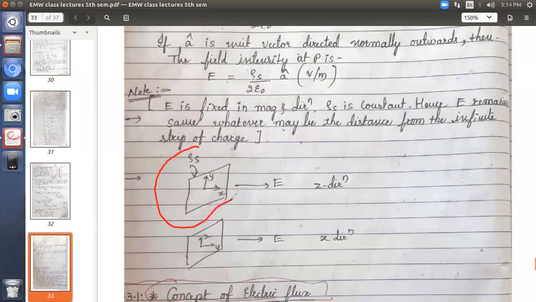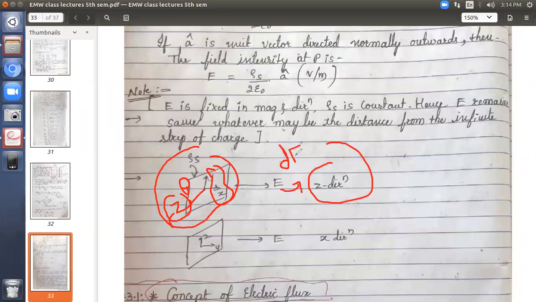Suppose that I am taking the sheet in the YZ plane. So the point will be on the third axis, that is X, right? Hence, the point will be in the X direction, and only the E component in the X direction will exist.